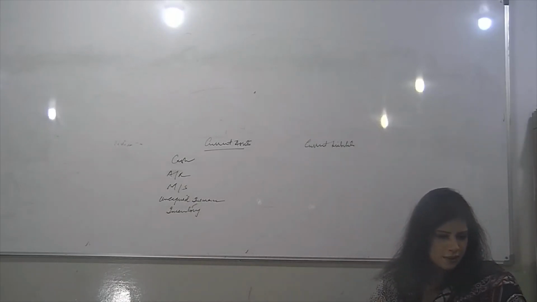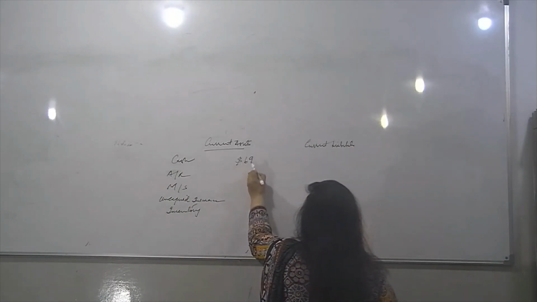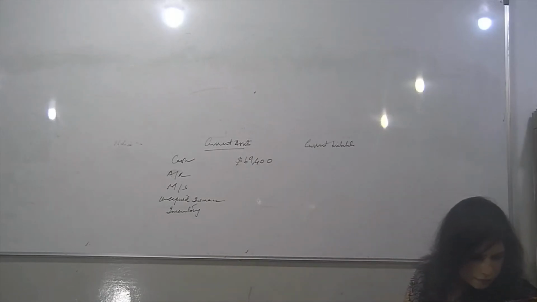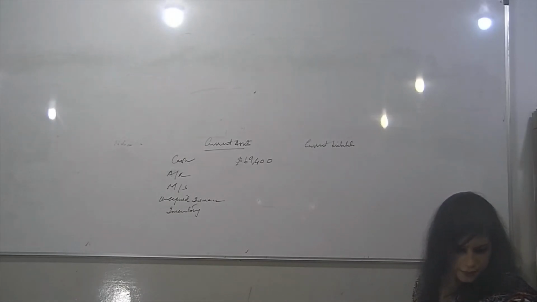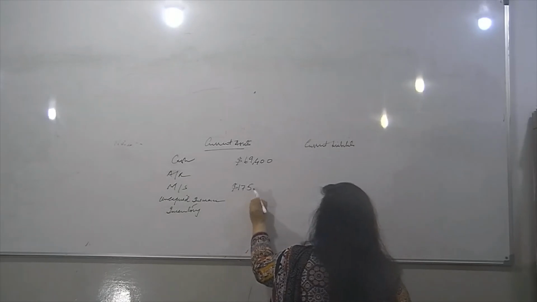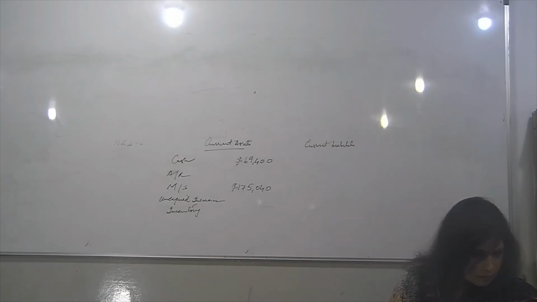Okay, so we can just add in values with this. So the first thing is the cash, which is 69,400. Then we have marketable securities. It's understood that this is short term. As we've already done for acid test ratio, we have marketable securities. And guys, they're not the same as stocks, okay? Do know that, because stocks can't be treated as current assets. It is 175,040, and then we have accounts receivable. What is accounts receivable?